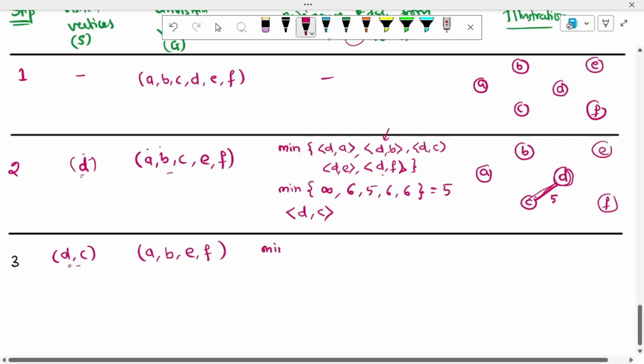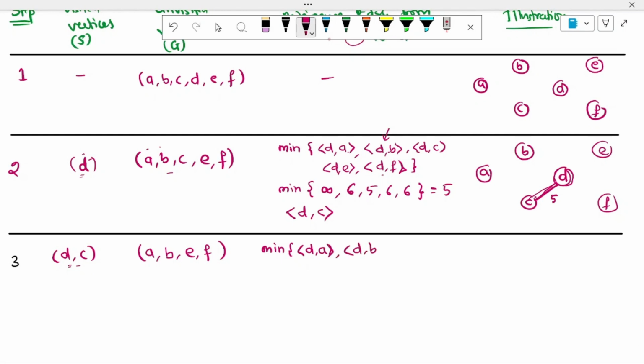So minimum of D to A, then D to B, then D to E, and then D to F, right?